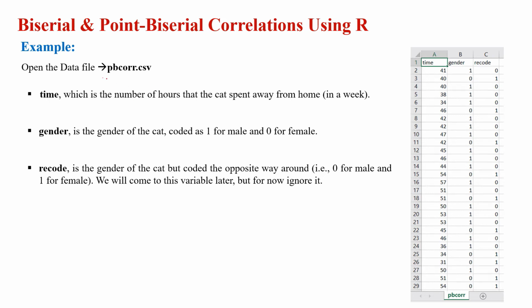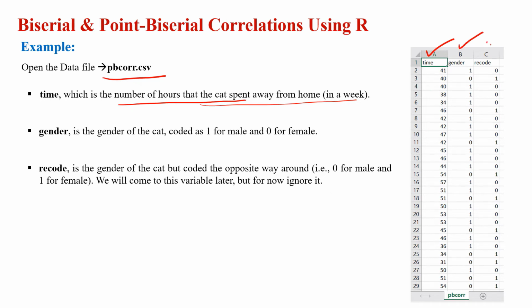The data set is available in this data file, which looks like this, where time is a continuous variable measured in hours, basically the number of hours that the cat spent away from home.